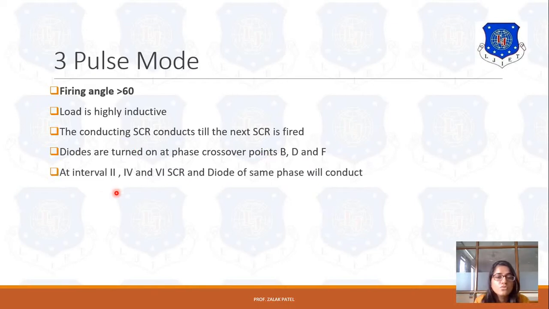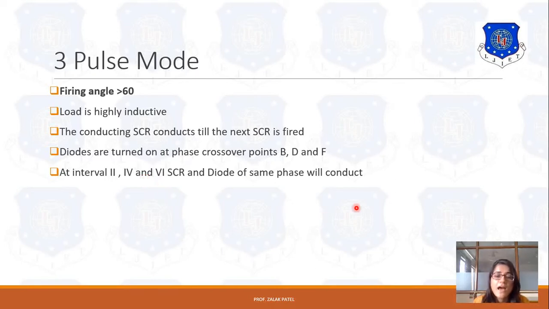At intervals 2, 4 and 6, the SCR and diode of the same phase will conduct. That means in the waveform we will see that in intervals 2, 4 and 6, the SCR and diode of the same phase conduct, meaning at a time S1 and D1, or S2 and D2, or S3 and D3 will conduct, not S1 and D2 or S1 and D3, but only S1 and D1, S2 and D2.